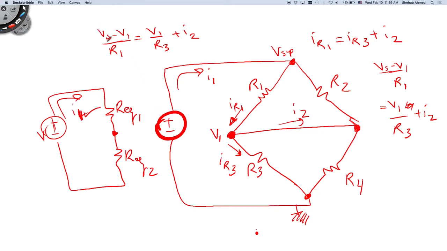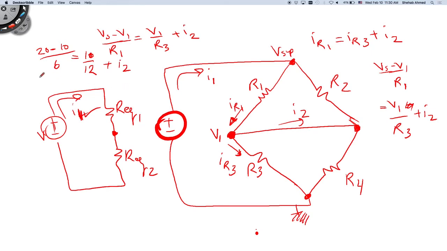Vs was 20 volts, and V1 was 10 volts, and R1 is 6, equal to V1, which is 10, divided by R3, which is 12 ohms, plus I2.